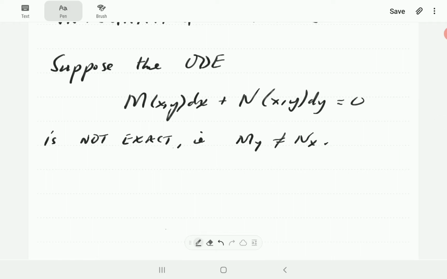Now for some ODEs, it is possible to find a function mu.